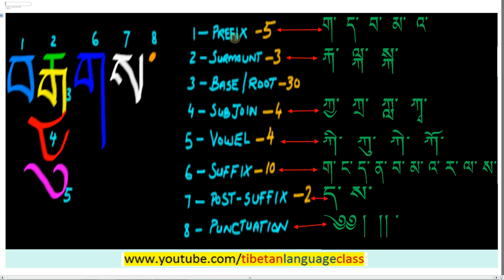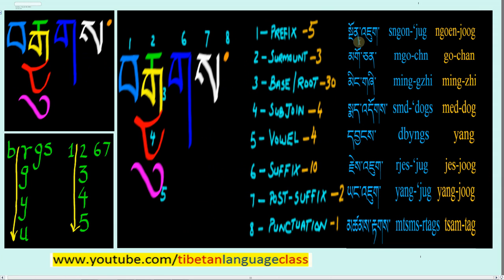If I go back, it's ngunjuk for prefix, goje for the surmount letters, mingshi for the base letters, meto for the subjoined letters, yang for the vowels, jenjuk for the suffix, yangjuk for the post-suffix, and then tsamba for the punctuations, because this tells where you have to put the break.